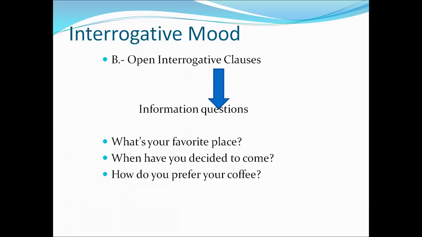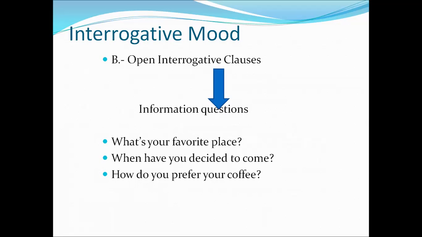So you can see some information questions or WH questions. As I said earlier, they are also called open interrogative clauses. What's your favorite place? When have you decided to come? How do you prefer your coffee, right?